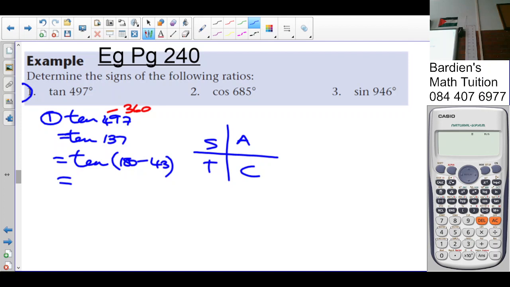You fill in that last answer for me. So that is going to be sine in the second quadrant is negative. So it's negative tan 43 degrees. Okay, you guys understand? Any confusion? Alright, do the next two for me quickly.